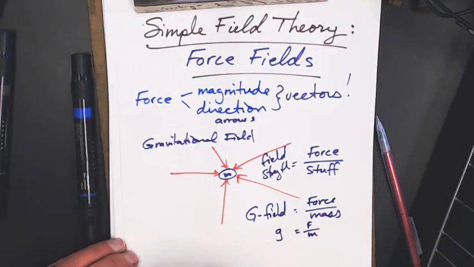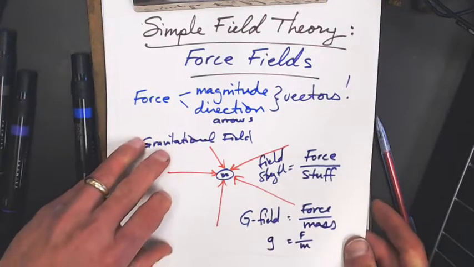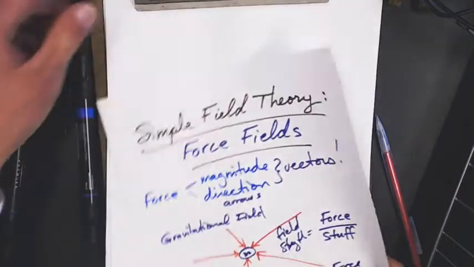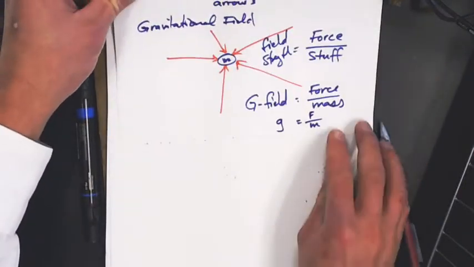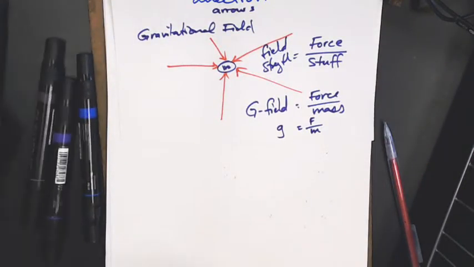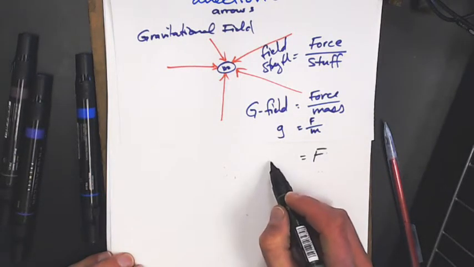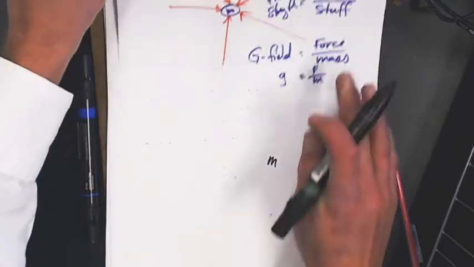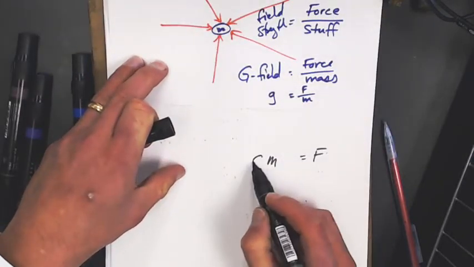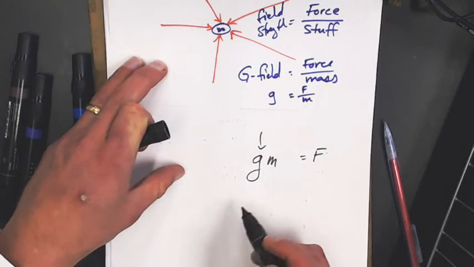Now if I take this and look at it a little bit closer and move this around, F equals mass times G. Hey, wait, I know what that is.